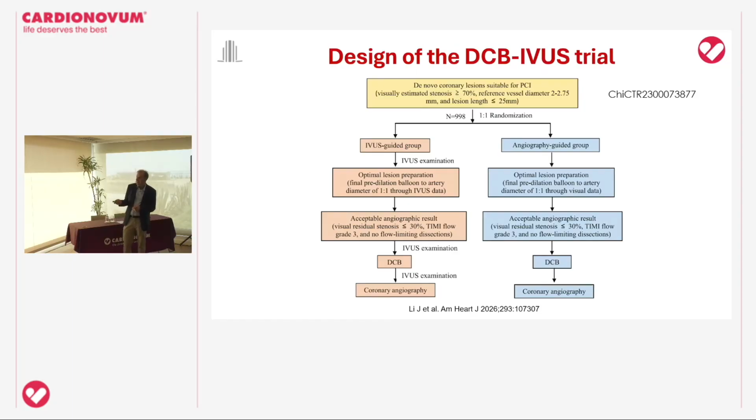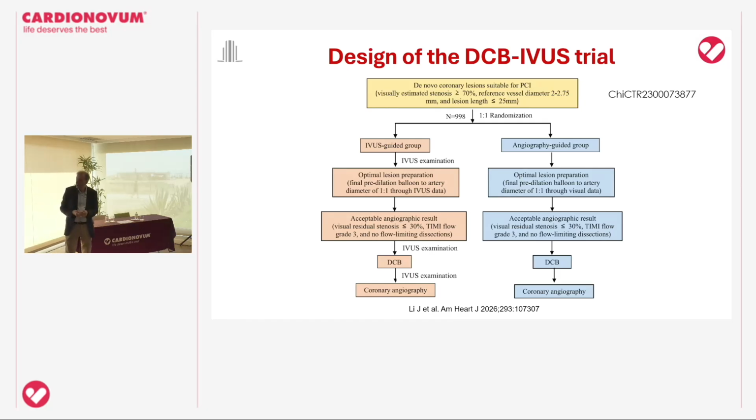Finally, there is a trial, but only in the design phase, the DCB-IVUS trial, that will randomize almost 1,000 patients, IVUS-guided versus angio-guided, only in DCB PCI. In the IVUS-guided arm, IVUS will be performed before, to define the lesion preparation.